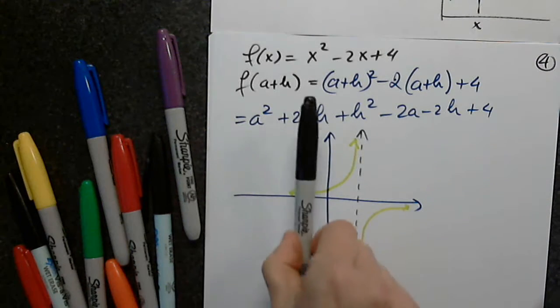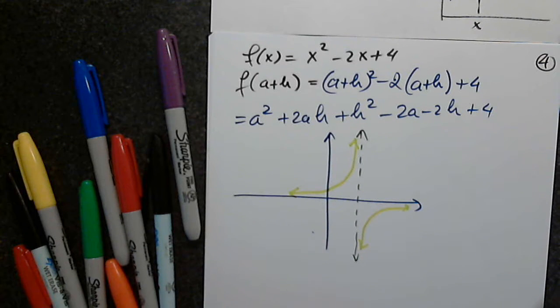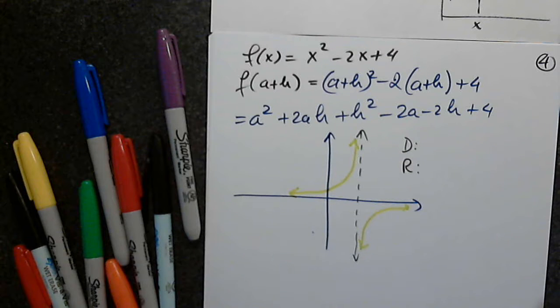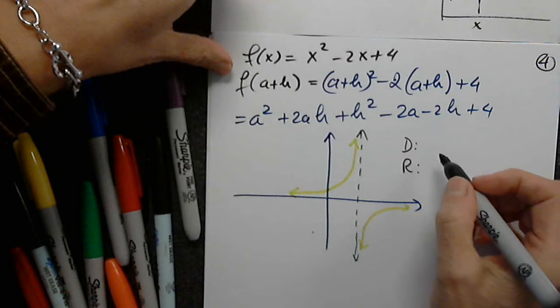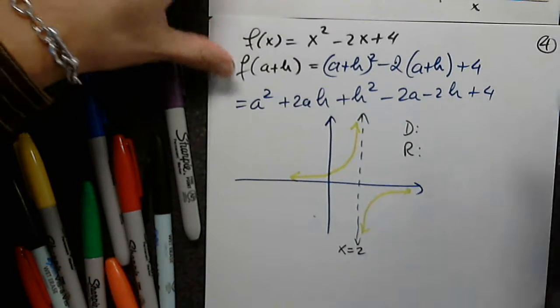Yes, it is a function by the vertical line test. This is a function. So I would like you to identify the domain and range for this. Okay, sorry, I should have mentioned something here.